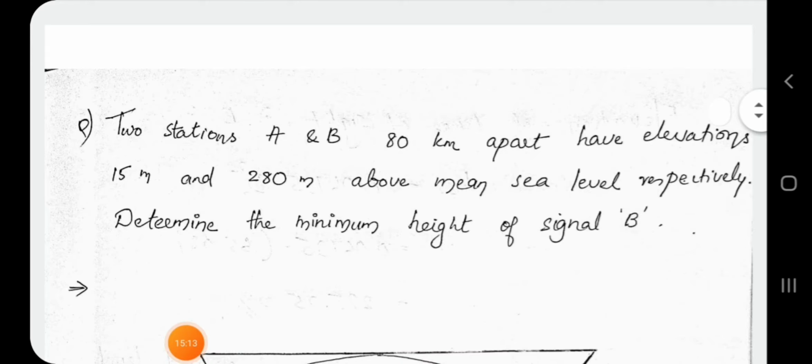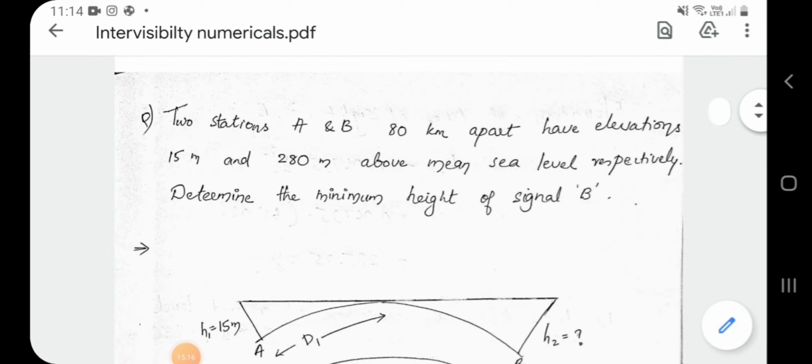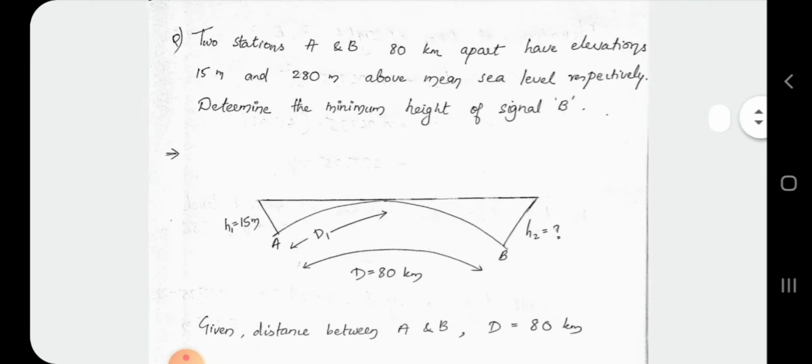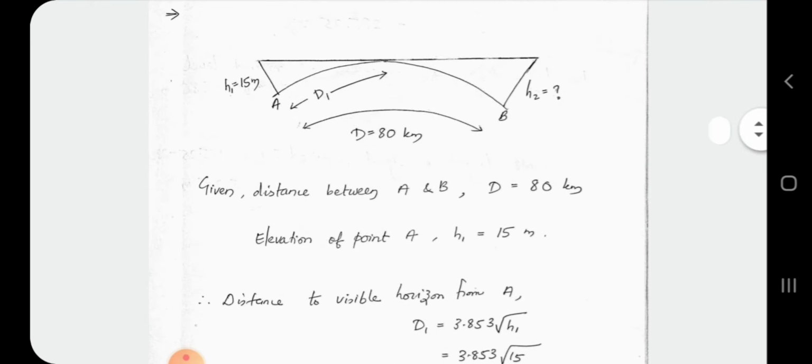Numericals. The first question: two stations A and B, 80 kilometers apart, have elevations 15 meters and 280 meters above mean sea level respectively. Determine the minimum height of signal at B. Given that station A is 15 meters above datum and station B is 280 meters above datum, ground level, and these two stations are 80 kilometers apart.